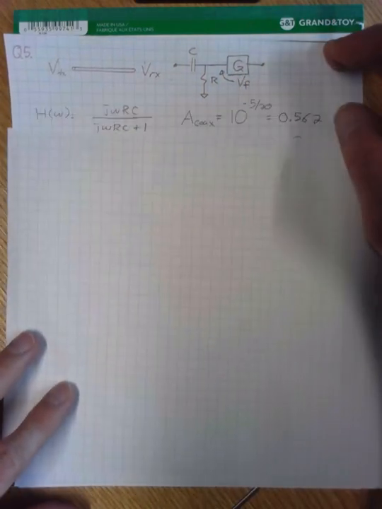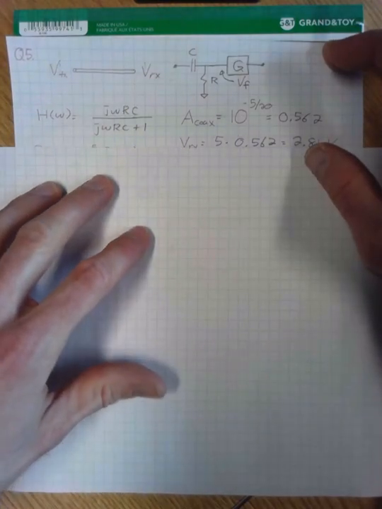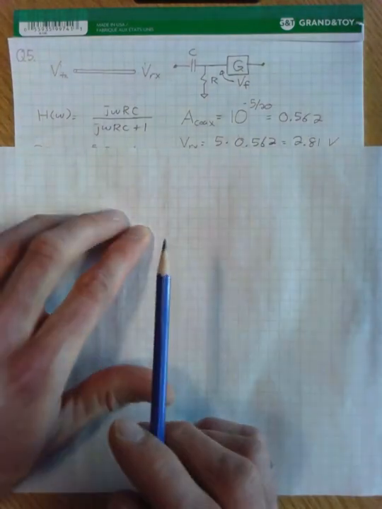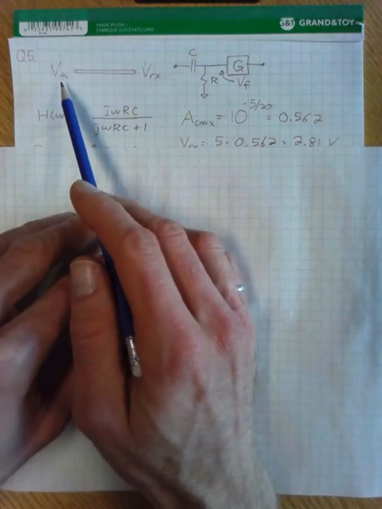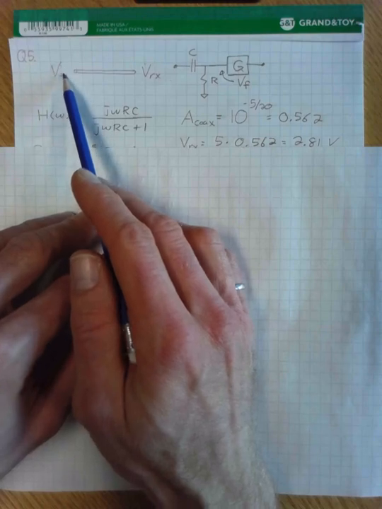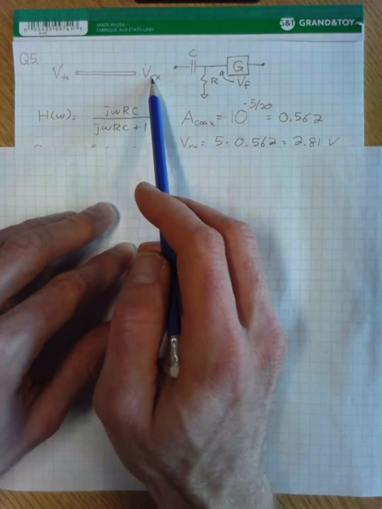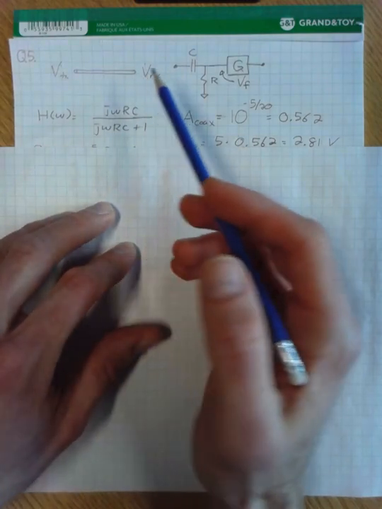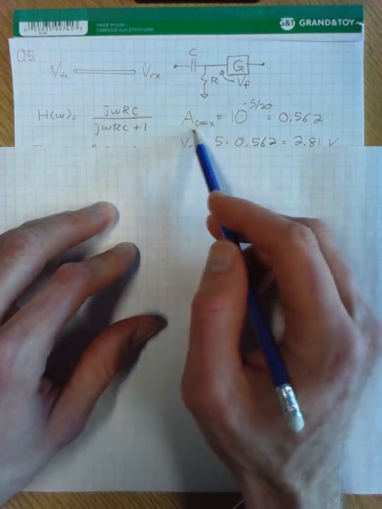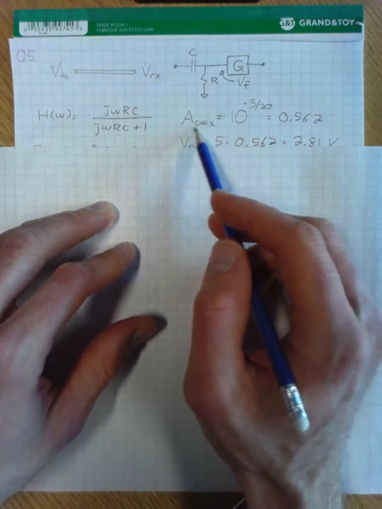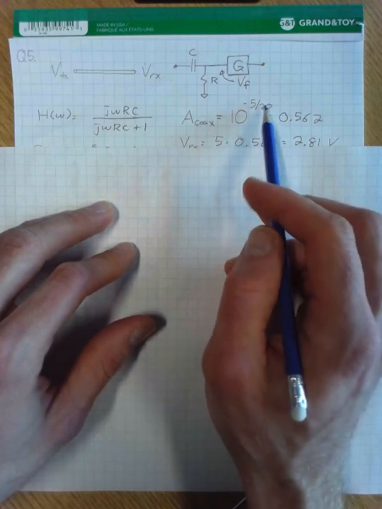The way I divided my solution is to go step by step. So the way I tackled it was to say, okay, let's do this first stage where we've got 5 volts here. What's our value here? The gain of our coaxial cable, or I use A here because it represents attenuation, is equal to 10 to the minus 5 divided by 20.